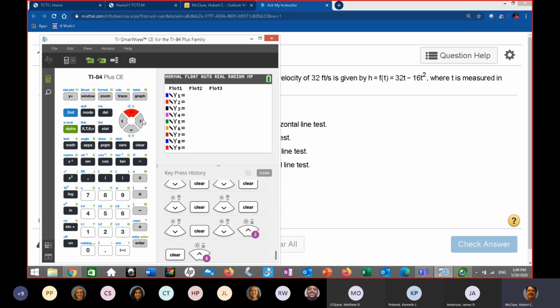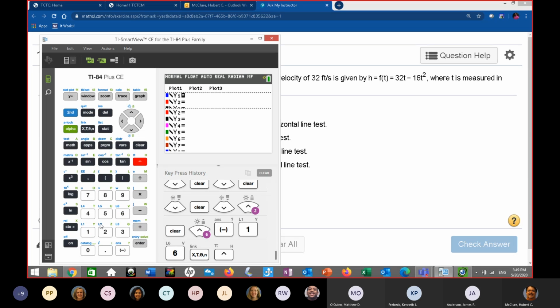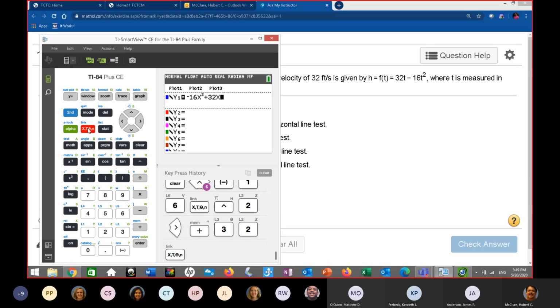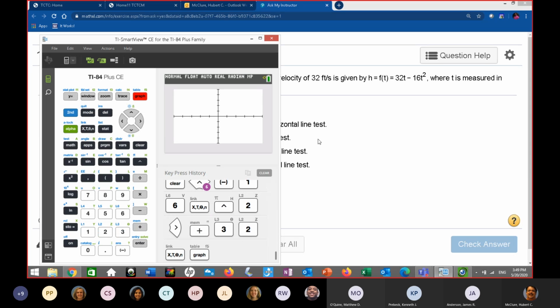I type it in as negative 16x squared plus 32x. Y'all got it? Yes, Hubert, we got it. Good, class.